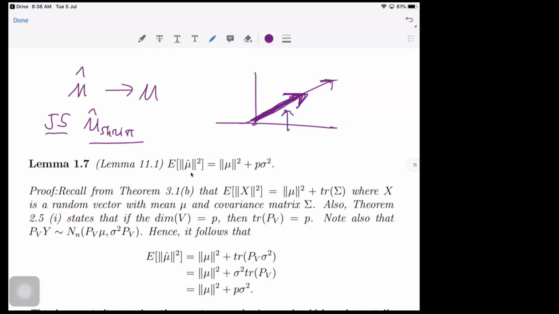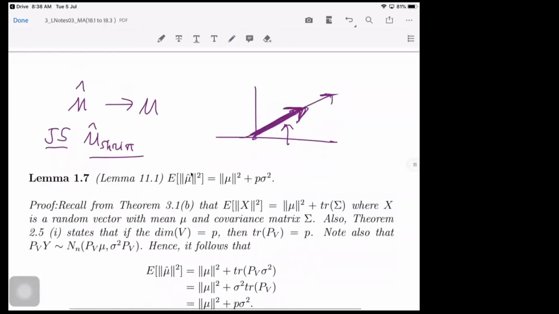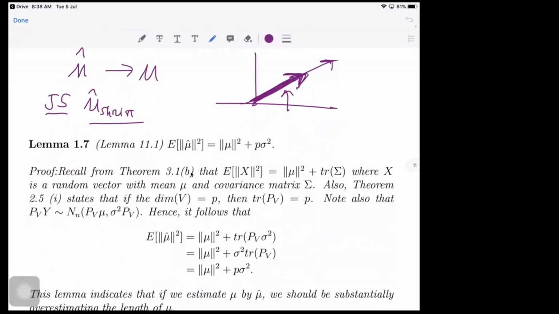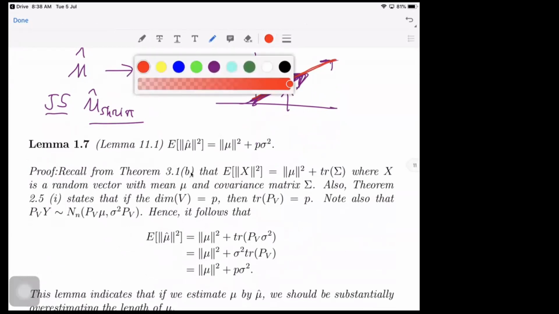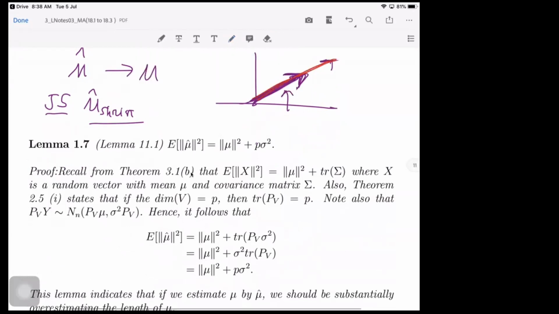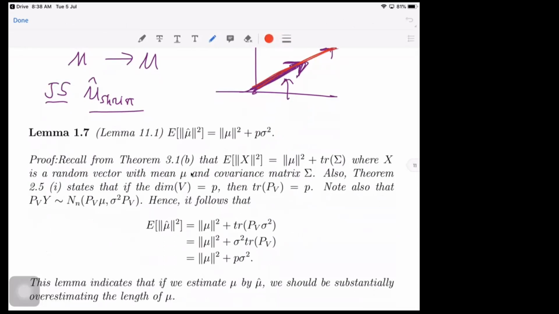So if you have a vector y, it can be made smaller or made larger, no?